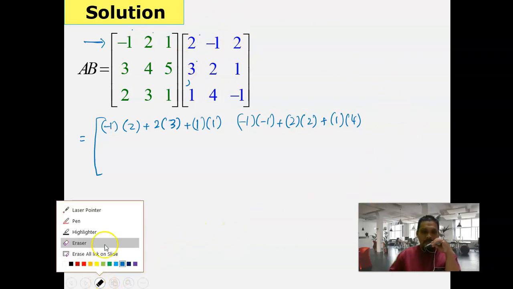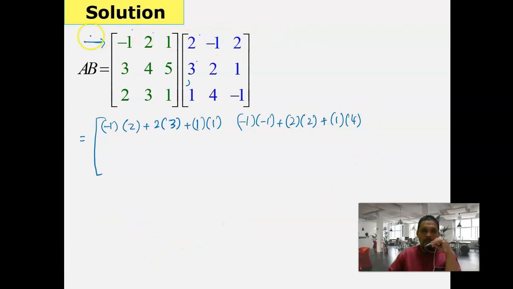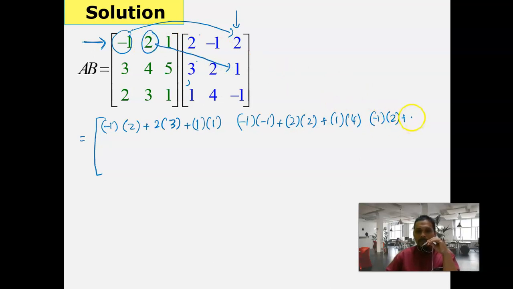And next is still the entries in row number 1 of matrix A, but right now we make the operation between this and the entries in column 3 of matrix B. So the first one is -1 multiplied with 2. Then 2 with 1. And 1 with -1.